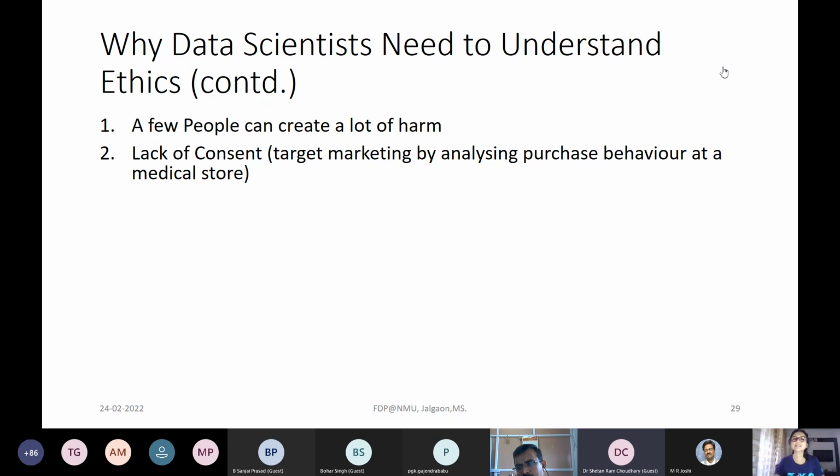And this machine learning algorithm was not human enough to understand that this is a 17-year-old unwed teenage girl, who is not going to give birth to that baby, or what the consequences would be if these vouchers were given to her father. So there is a lack of consent. What the machine learning algorithm did, it didn't ask her permission, did it? Not at all. She was completely exposed.